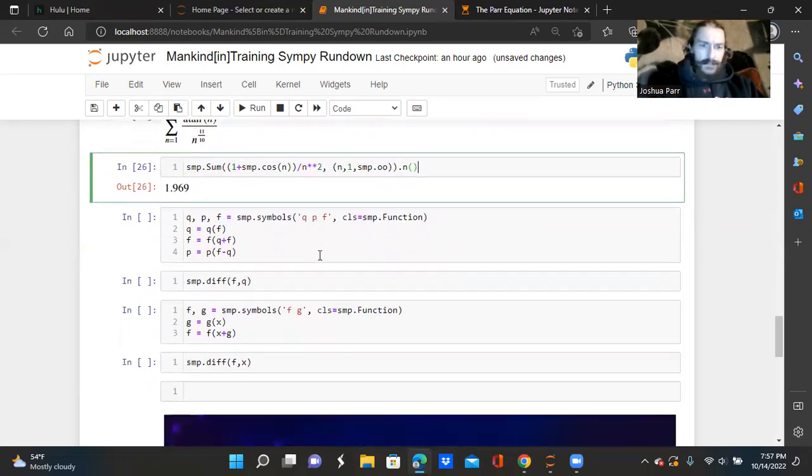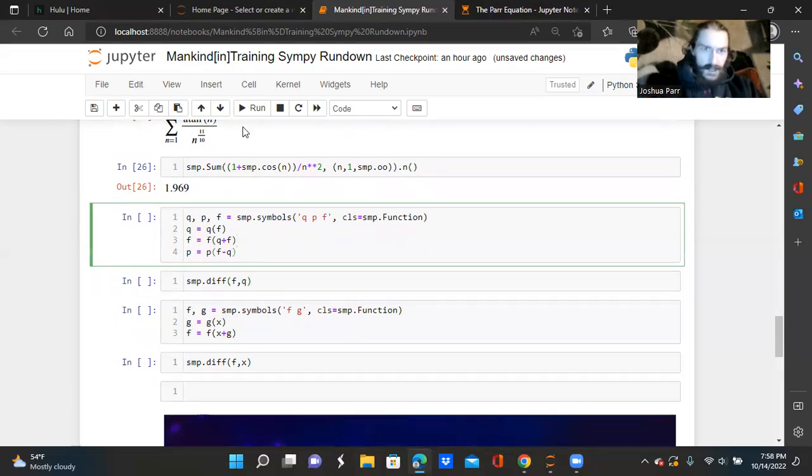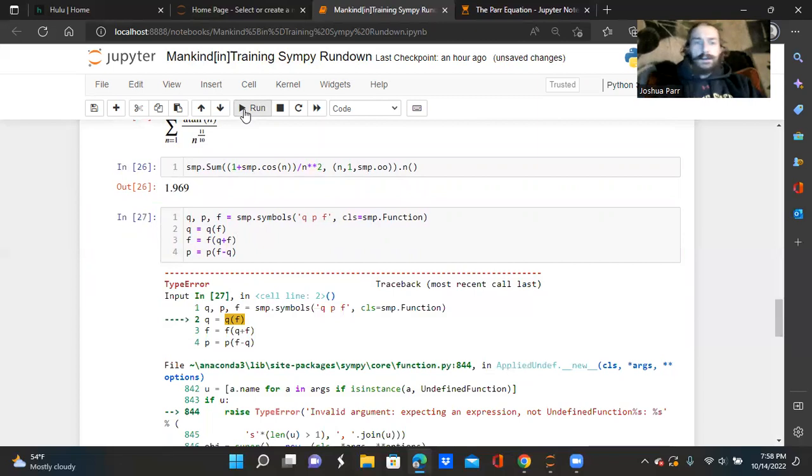But anyway, so now if you want to solve a function, so these are functions now I'm creating, and you have to put them into the symbols too. But you have to go class equals SMP.function. And I'm creating Q is Q of F, and F as F of Q plus F, and then P as P of F minus Q. I need to run this first. I would like to differentiate now.